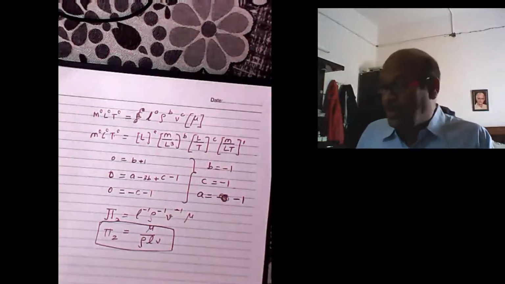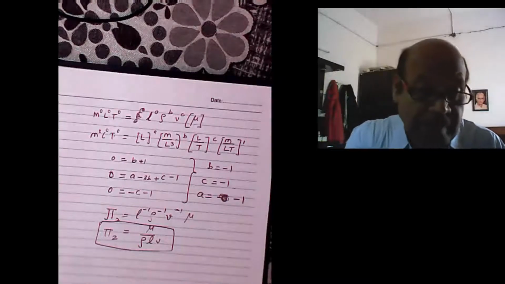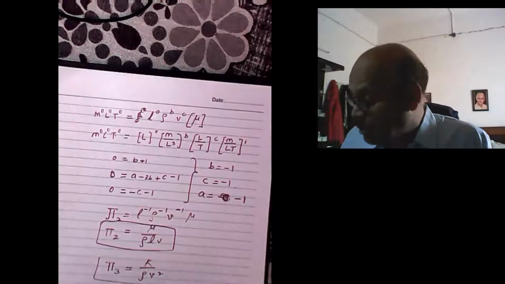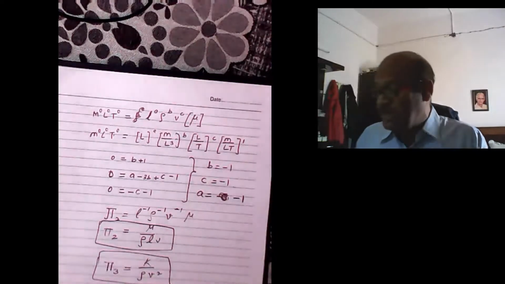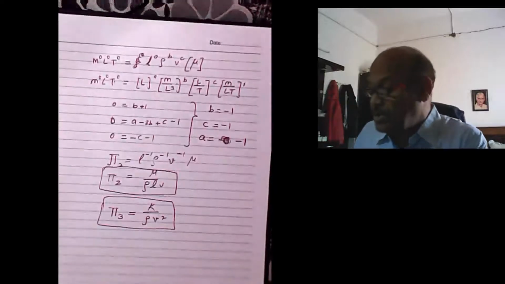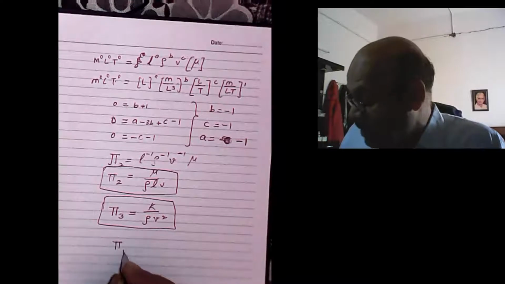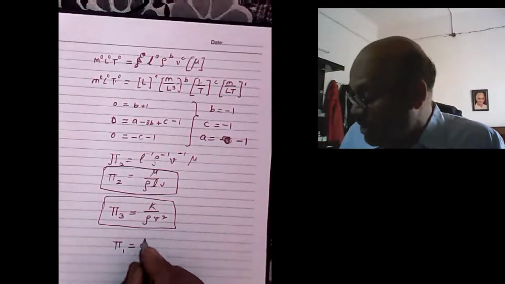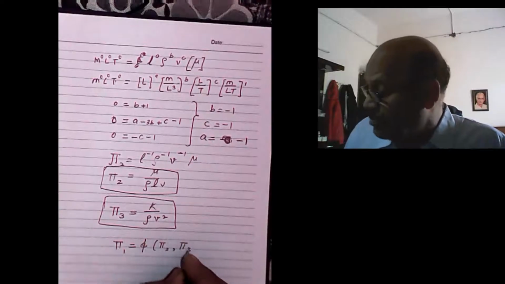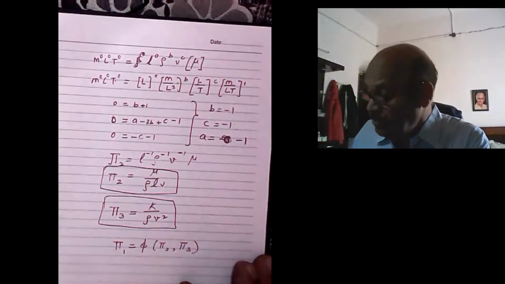Similarly, you can work out the pi 3 term. So this pi 3 term comes out to be, by the similar process, k upon rho v square. Okay. So you can write down the relationship like this: pi 1 is equal to a function of pi 2 and pi 3.